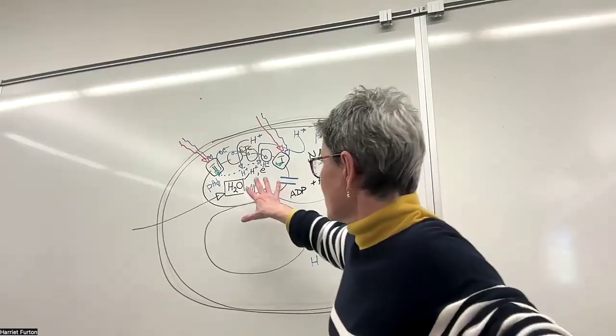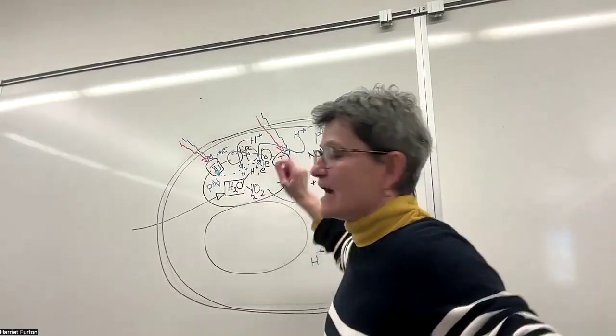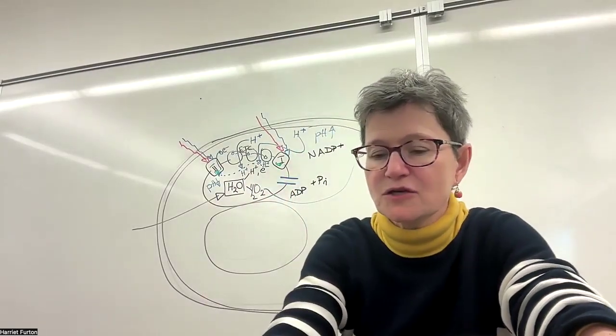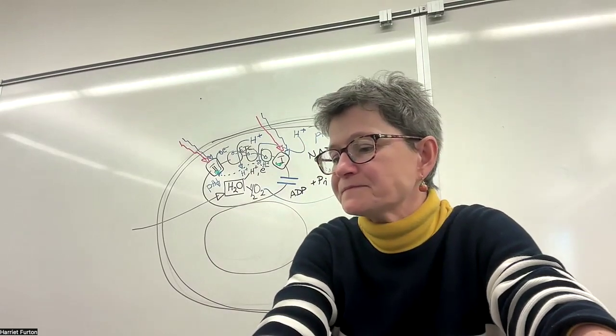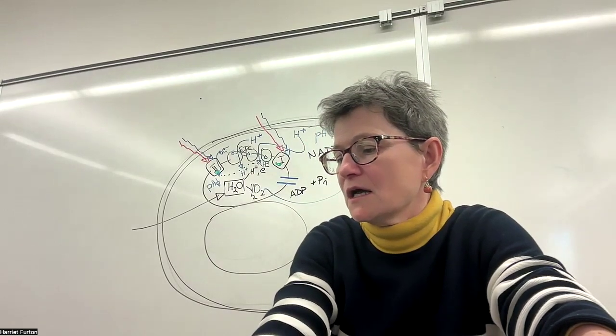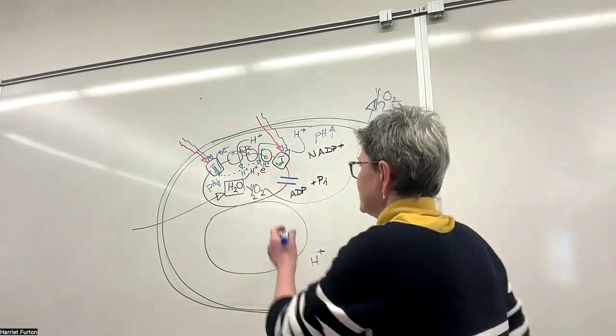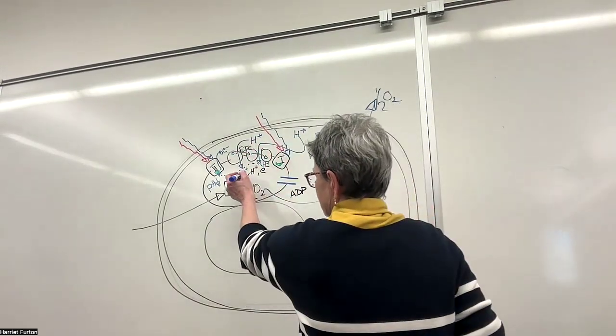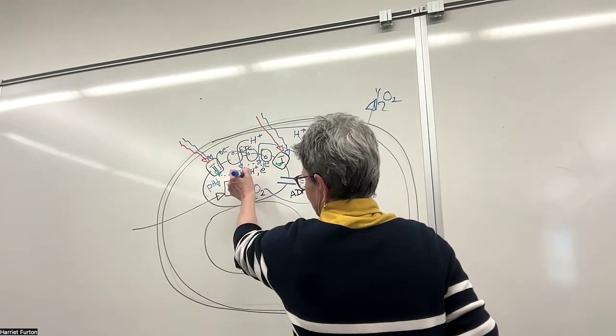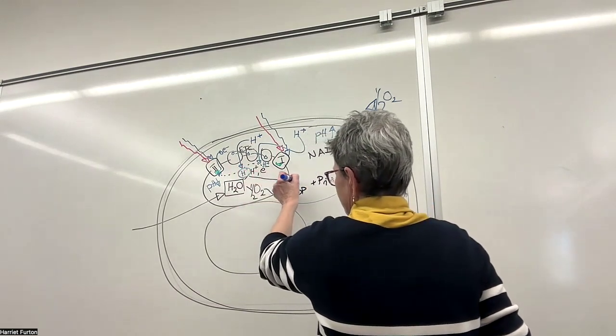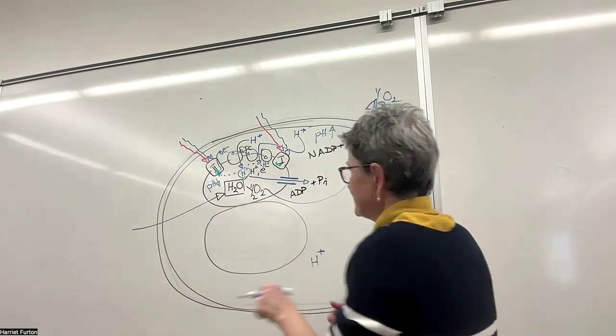The pH, we talked about that. This is low, this is high, outside in the stroma. The proton gradient is the one that drives the protons, for example this one is going to go through the ATP synthase.